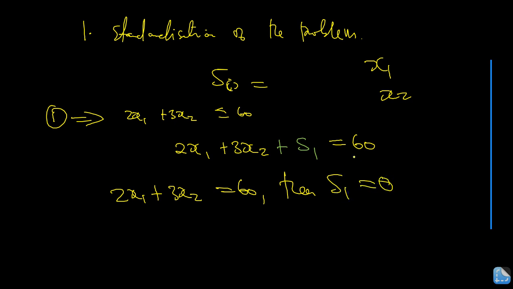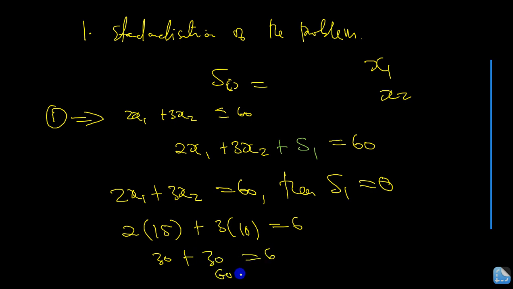Have you understood what we have said? Let me give an example. Let's say this is 2 times 15 on x1, plus, for example, 3 times 10, is equal to 60.